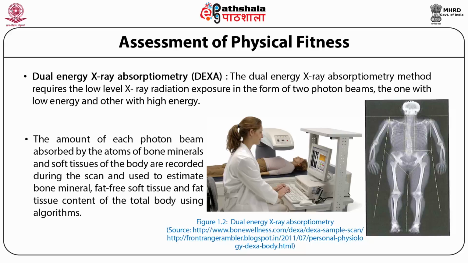The amount of each photon beam absorbed by the atoms of the bone minerals and the soft tissue of the body is recorded during the scan and used to estimate the bone mineral, fat-free soft tissue and fat tissue content of the total body using algorithms.